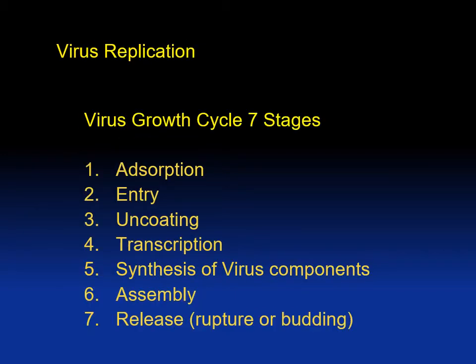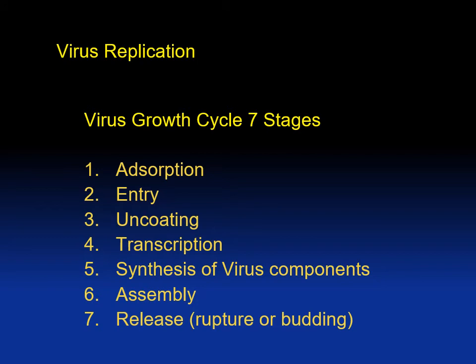Now, as I said earlier, viruses do not multiply, they replicate. And for that, they ought to go through different stages so that they can make new virus particles. So one virus particle could make hundreds of virus particles. How is this achieved?